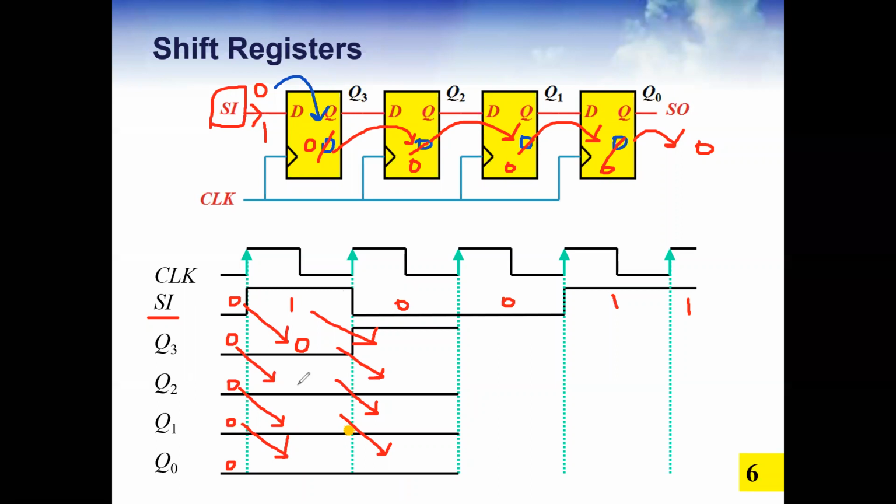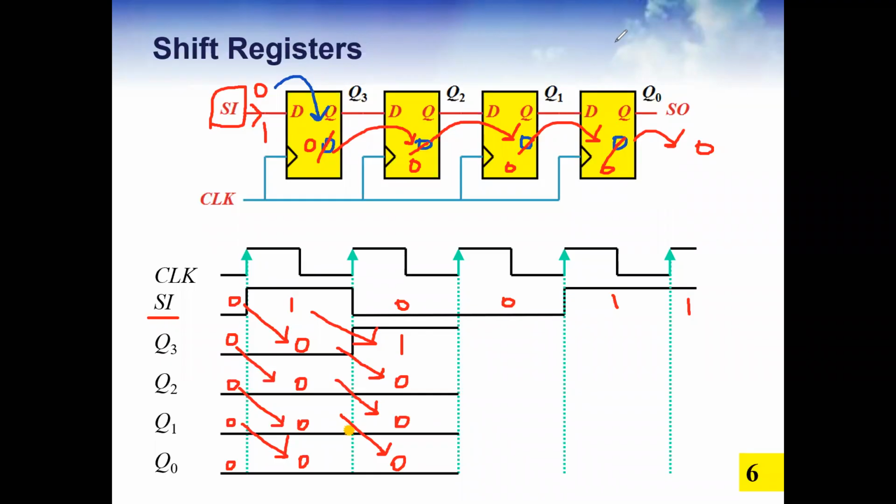Q2 was 0, Q1 was 0, and Q0 was 0. Now, the updated values of this one is, this is 1, you can see, this is 0, this is 0, this is 0. So as the next clock will come, what will happen?